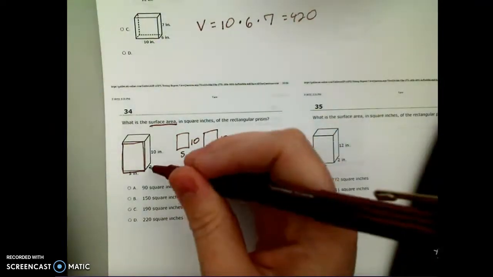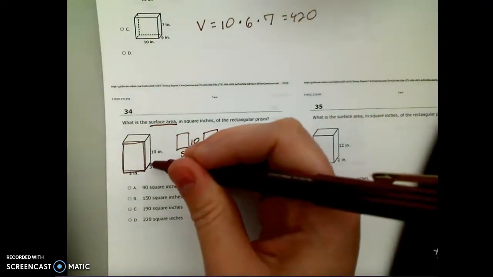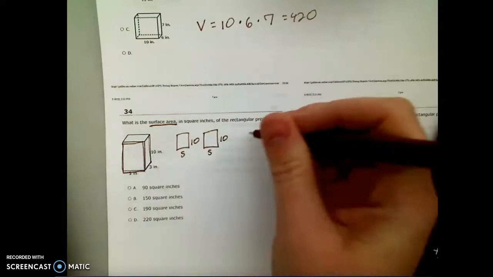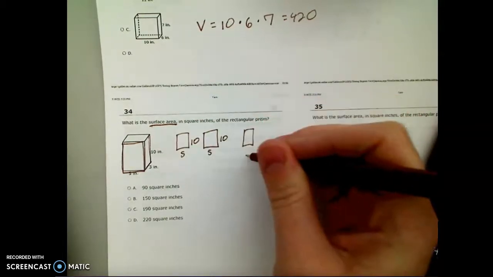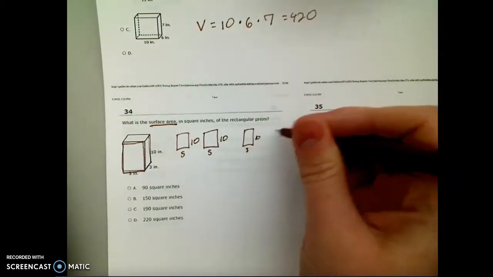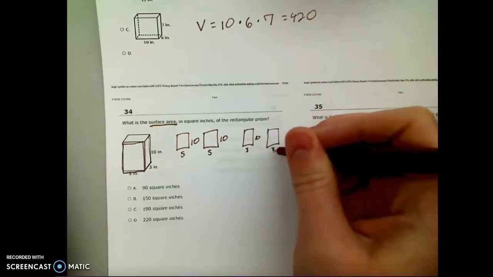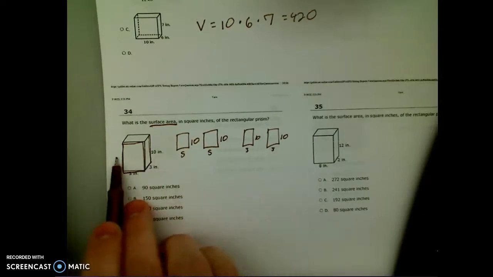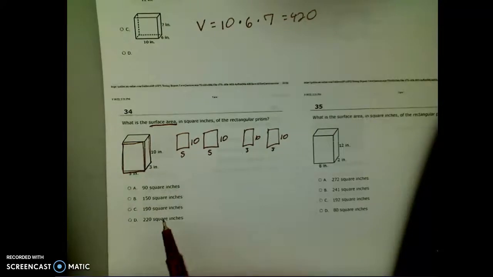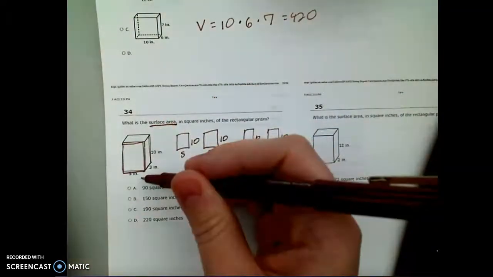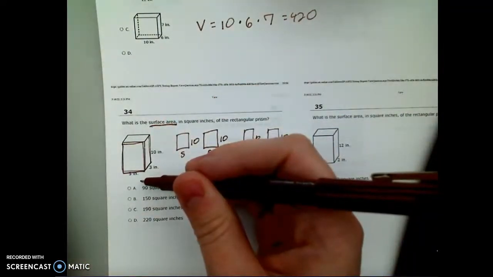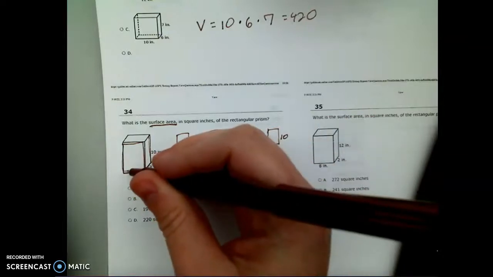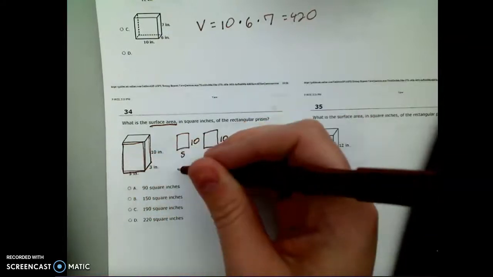Now this side over here that I can see is a 3 by 10, and there are two of those, one that I can see and one on the other side. And we also have the top and bottom of the rectangular prism. The top and bottom are 5 by 3.